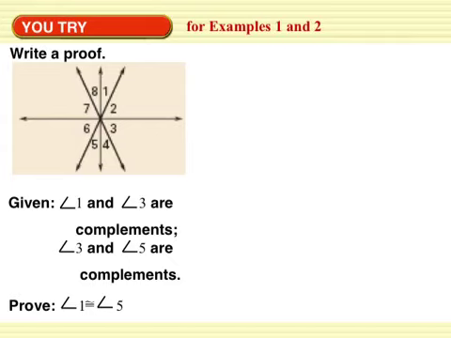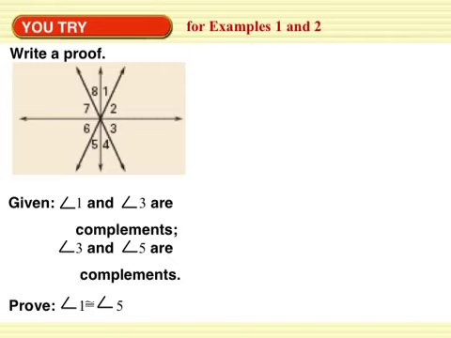So we need to write a proof for this diagram. We're proving each case of the congruent complements theorem. So let's look at it. Okay, if we look at the congruent complements theorem that you wrote down, we knew that two angles are complementary and two other angles are complementary.